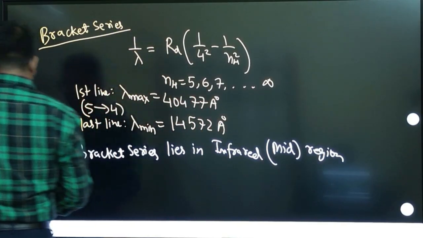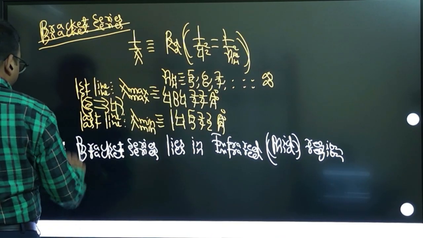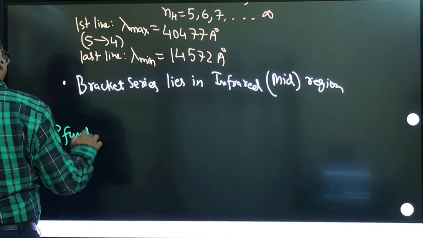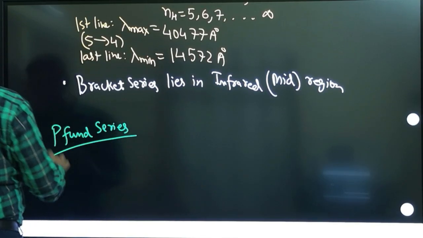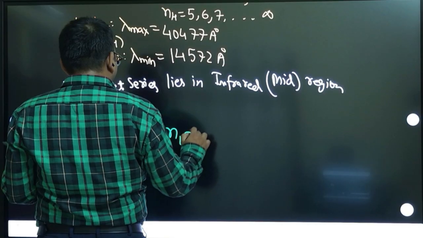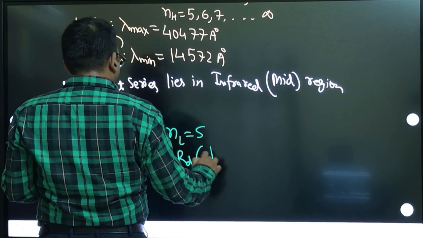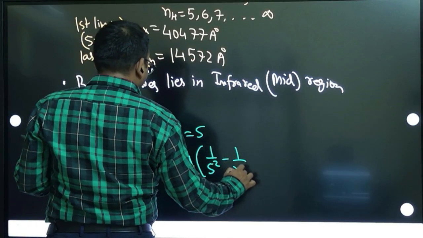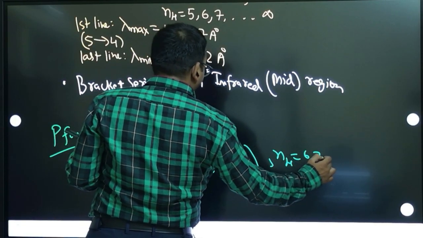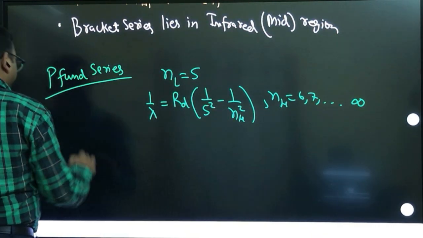Okay, then what else? Then the last one is Pfund series, right? What happens in Pfund series? The lower level is going to be 5, right? So 1 by lambda is Rydberg constant times (1 by 5 square minus 1 by nh square). nh can be 6, 7 up to infinity. Okay. So here also, what is the first line?